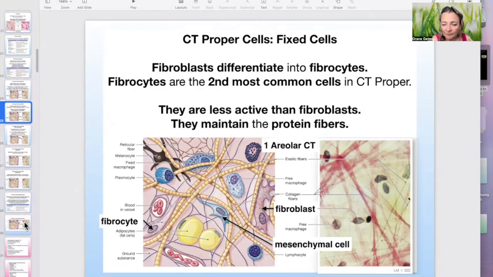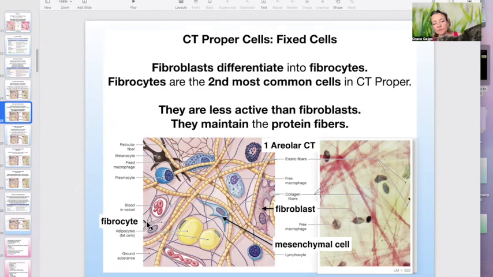So in the real slides, actually telling apart the different cells is not something that is at all easy to do. They look a lot like each other in the actual slide picture on the right, compared to the cartoon, where they have a mesenchymal cell in blue and a fibroblast in sort of pinkish over here, and then a fibrocyte in a sort of lavenderish color over here.